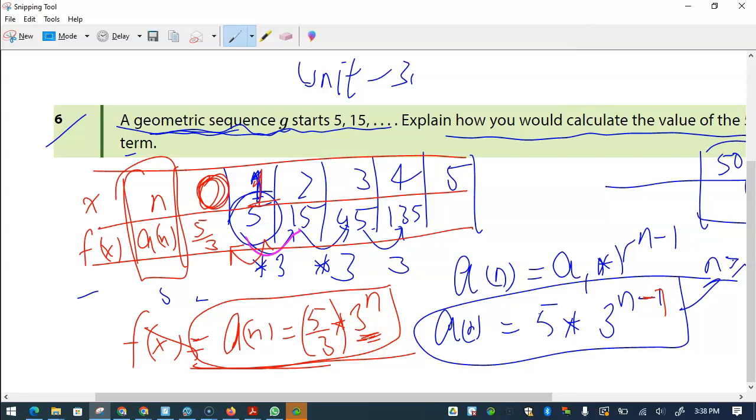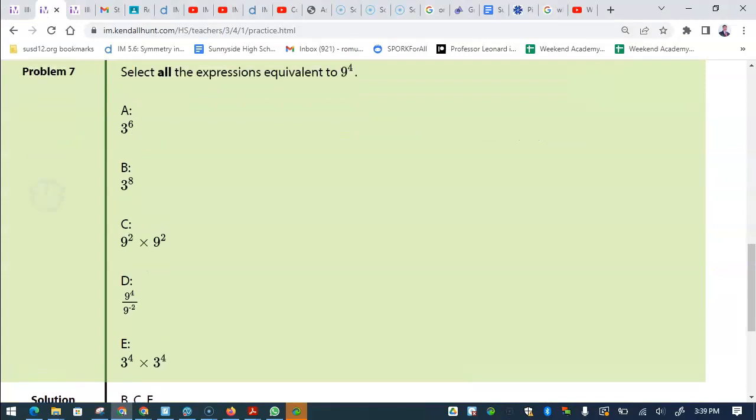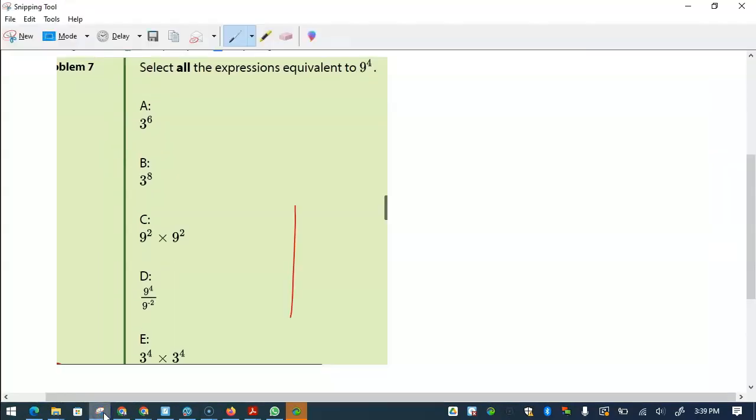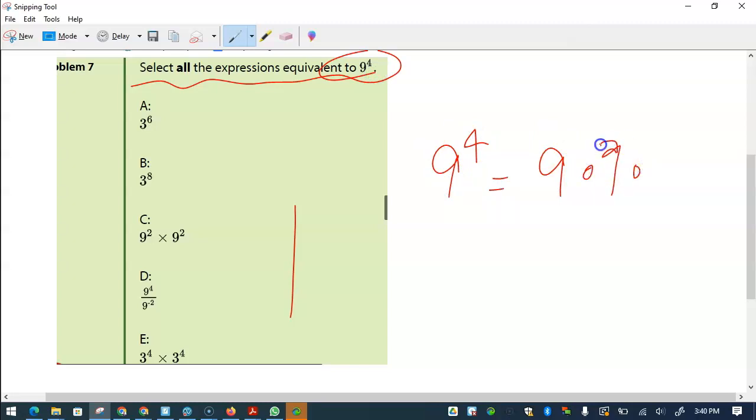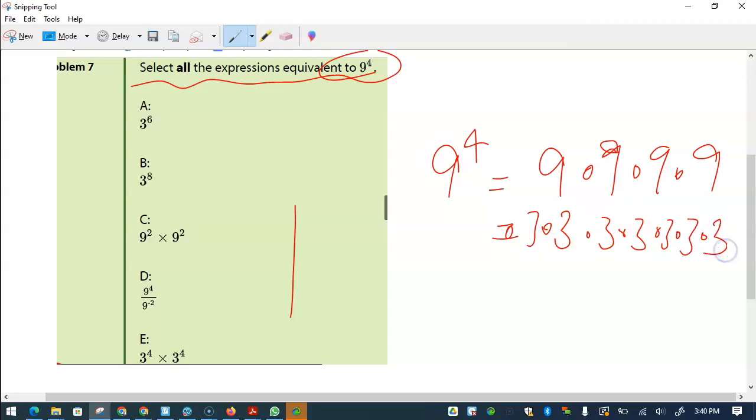There's one more problem, the last one. I'll do it quickly. They ask what this is equivalent to. Now 9 raised to 4 can be written as 9, 9, 9, and one more 9, which could also be written as 3 times 3 eight times, because each 9 gives you two 3s.